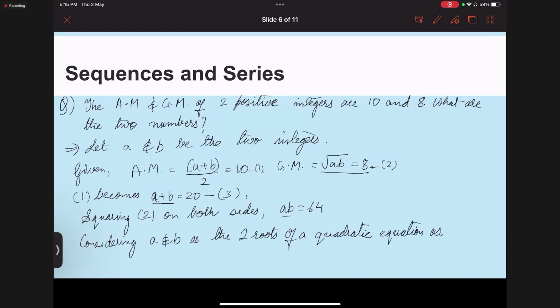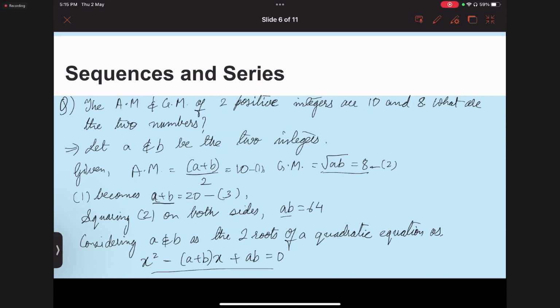Say you have x squared, then minus (A plus B) x, and plus the product of the roots. This is the general formula of the quadratic equation. So we can find it like this.